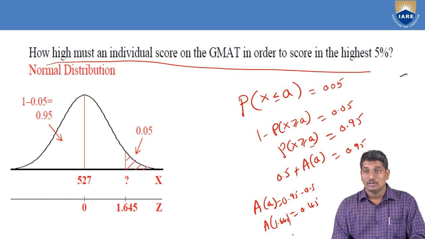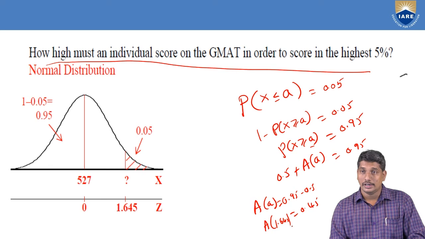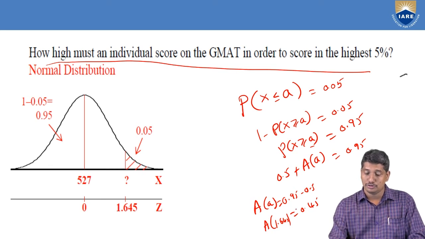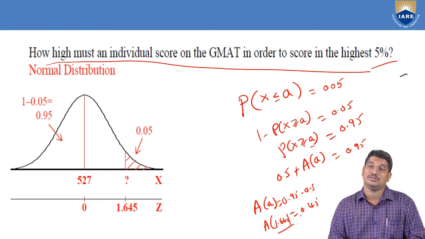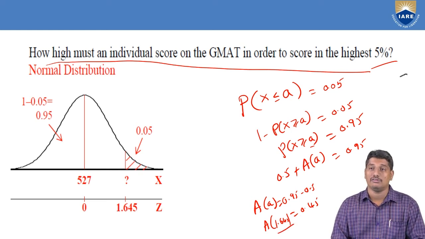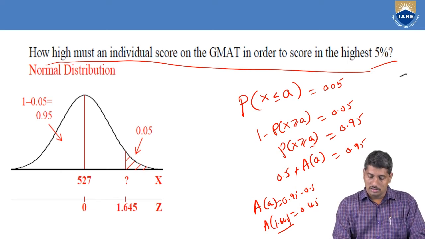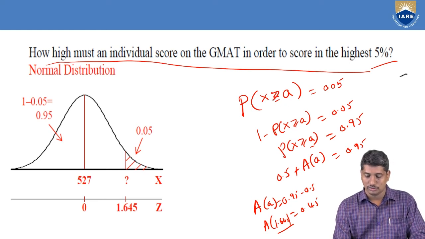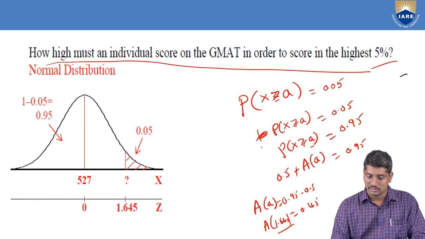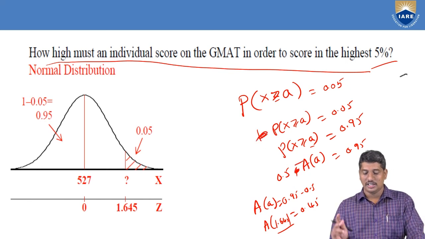So in order to stay in the top 5% of students, you have to reach this cutoff of 1.645, then only you will stay in the top 5%. Here somewhere we might have misunderstood the minimum cutoff. Sorry, this is greater than, this is minus, and hence.